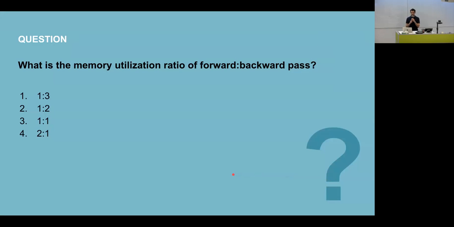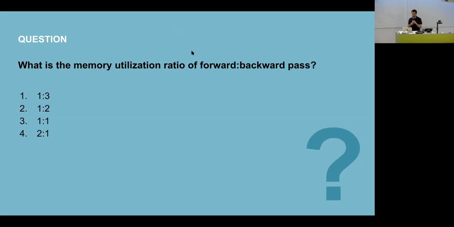So we talked about the flops ratio, or the compute ratio, of forward to backward pass. So what is the memory utilization ratio? How much memory does the forward pass take compared to the backward pass? Oh, can I relaunch the poll? Okay, so I relaunched the poll.